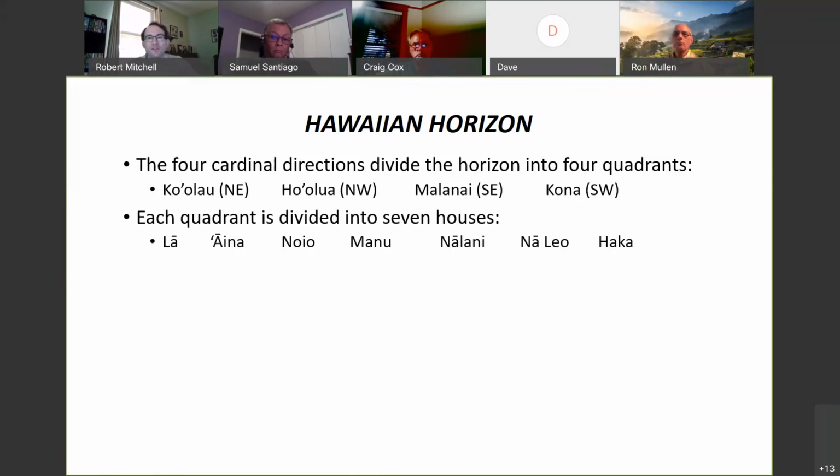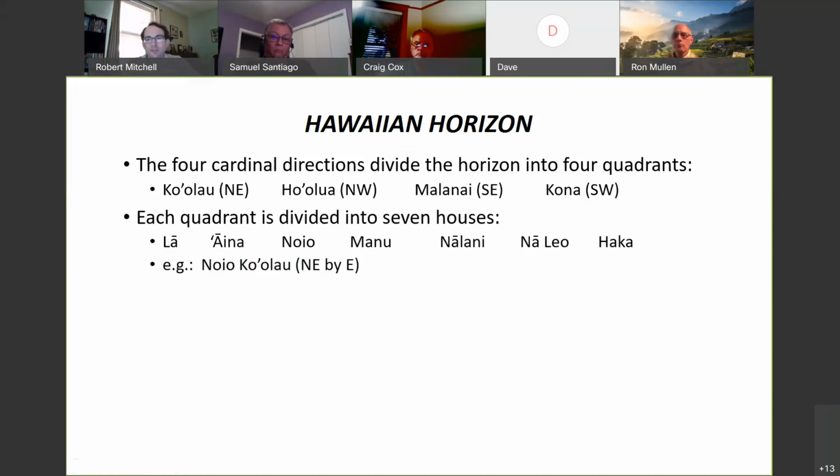And then each quadrant is divided into 7 houses: La, Aina, Noyo, Manu, Nalani, Naleo, and Haka. And then each house individually has a full name identifying which quadrant it's in.